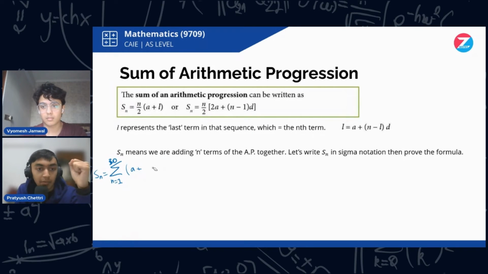That's not a real big thing, but I'm going to prove to you how this formula comes about. Sn simply means we're adding together all the terms.